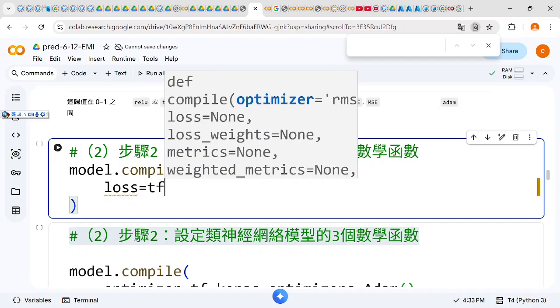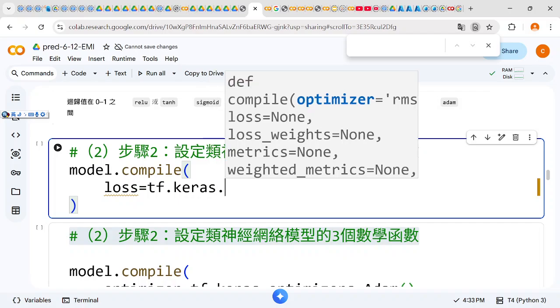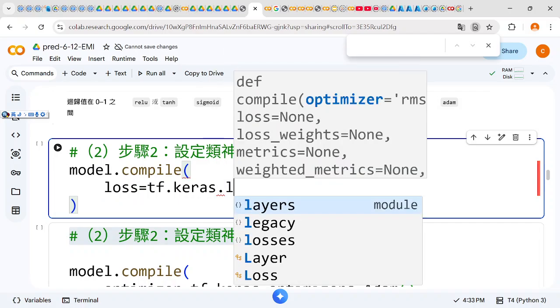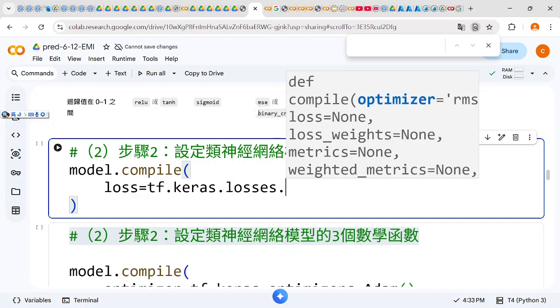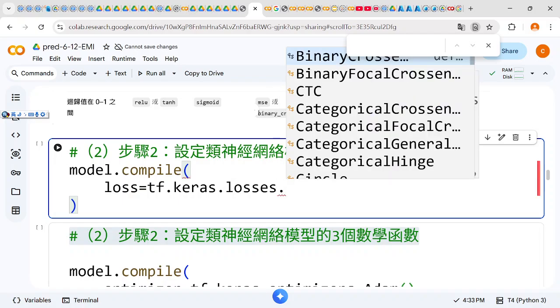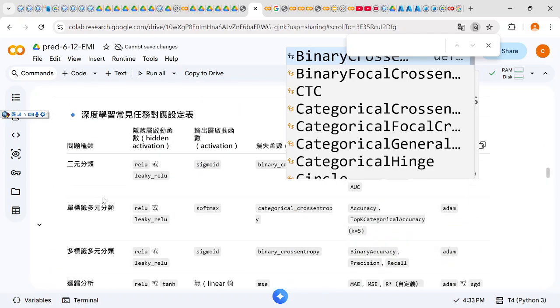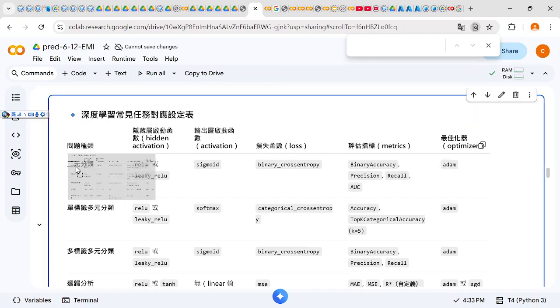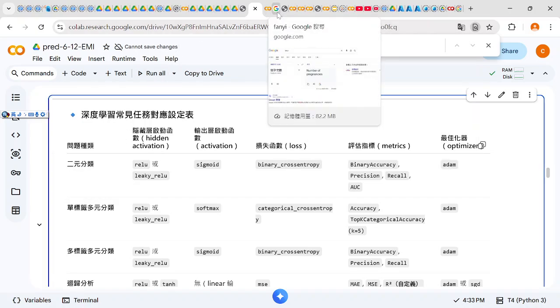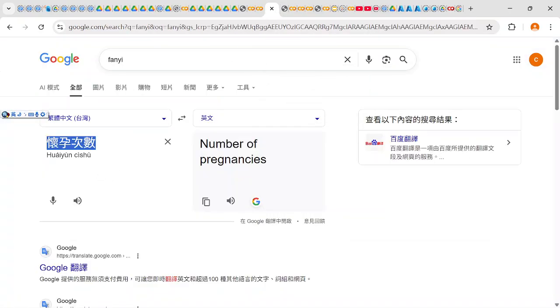The loss function that I use is losses, I find, because this is classification, right? So I must find, okay, let me find how to say this.